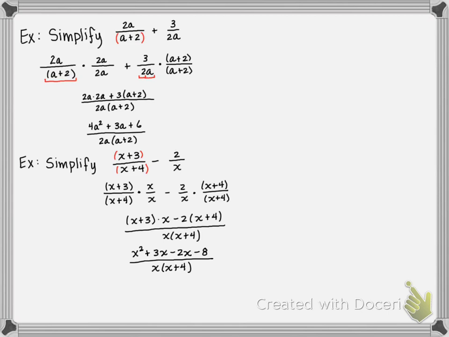Remember, our goal when we simplify a fraction is to have the numerator and denominator both written in factored form. So if the denominator is already in factored form, then we don't have to do anything to it. Whereas with the numerator, because of this subtraction, the only way we can get to factored form is to distribute, combine like terms, and then factor.